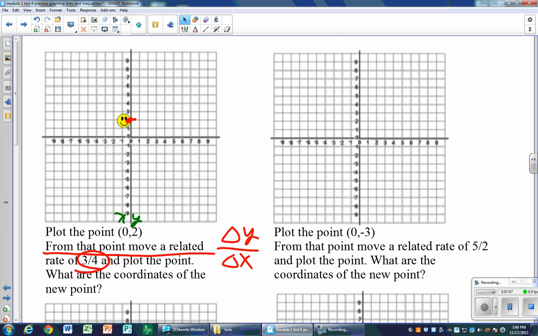So from that point, do a change in y of 3, 1, 2, 3, change in x of 4, 1, 2, 3, 4, and plot that point. Write the coordinates of the new point. The coordinates, x value is 4, y value is 5.